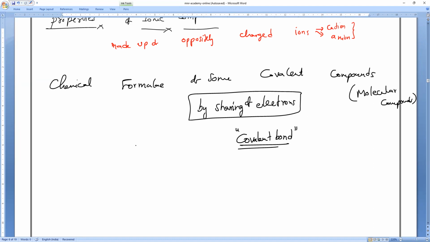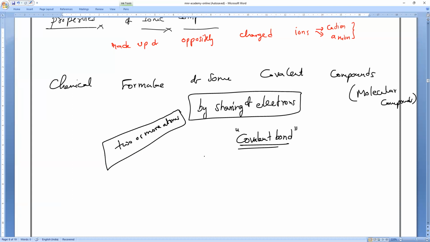Between two or more atoms. They will share the electrons among themselves and they will form the compounds or molecules. So here, transfer of electrons does not take place. No charge is mentioned on the atoms. That is a very, very important thing.